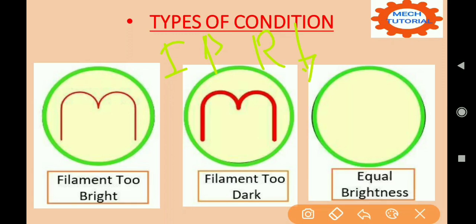Once the brightness of the filament is equal to the brightness of the hot body, we can measure the temperature by directly observing the current flowing through the circuit. And the third condition shows that the filament has equal brightness to the hot body. This condition is required to measure the temperature of the hot body. So this is the overall picture of the conditions observed in the filament.